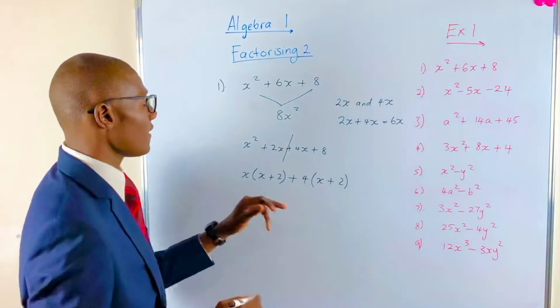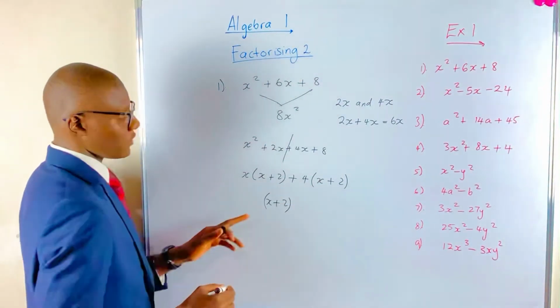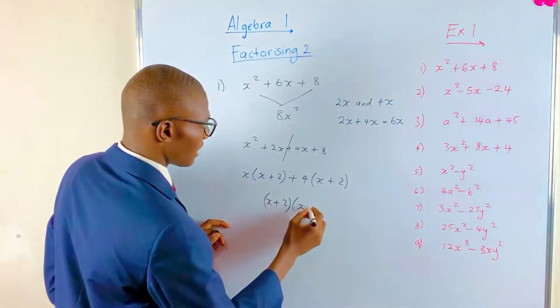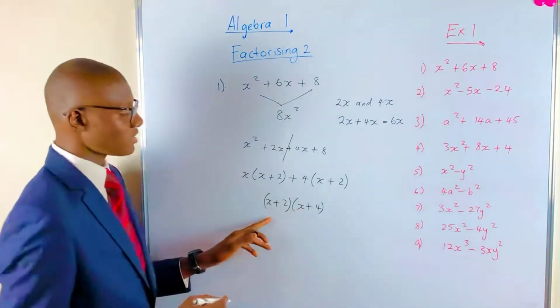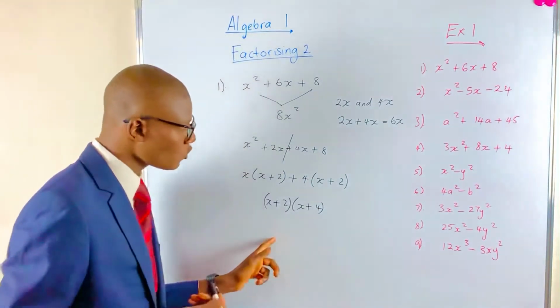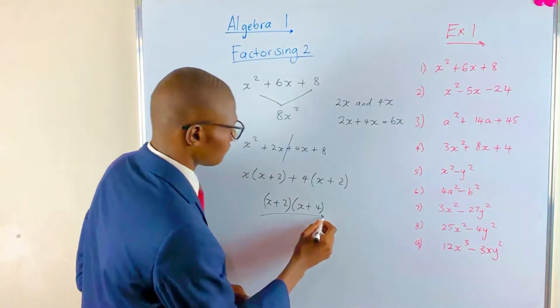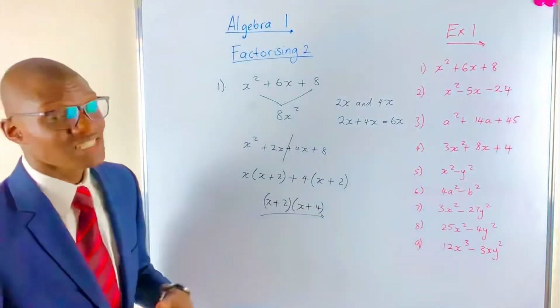So we see x plus 2 is common there. Factoring out x plus 2, we shall say we've got x plus 4 there. Because x plus 2 into x times x plus 2, that's x. And then x plus 2 into 4 times x plus 2, we get a 4. So this is how we factorize a quadratic expression.